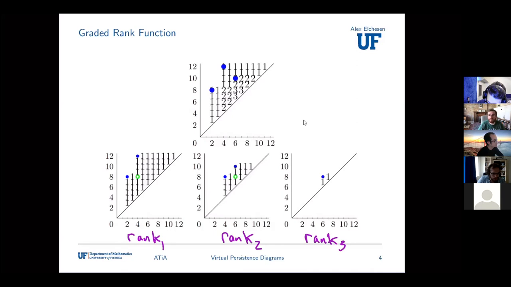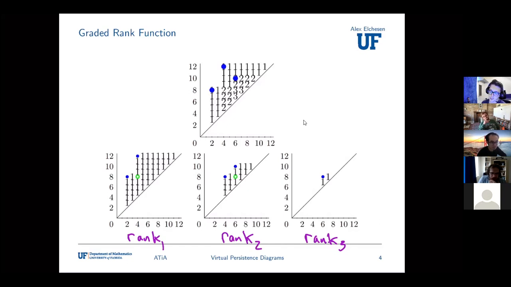Really all you're doing is essentially rewriting the rank function in unary notation, right? You're saying, if the rank is at least 1, we put a 1 there. If it's 2, we put a 1 there. And if it's a 3, we put a 1 there. And then if we add all these together, we just get the rank function back. So we're just decomposing it into its unary representation.